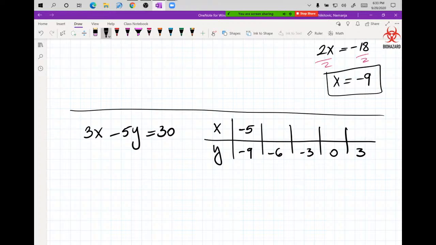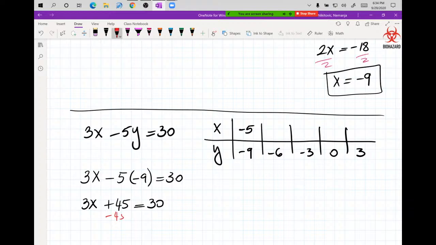So the first one, we are going to plug in a -9 into y. So we have 3x and then -5 times -9 equals 30. So -5 times -9 is positive 45. And then we subtract 45 to get x alone.